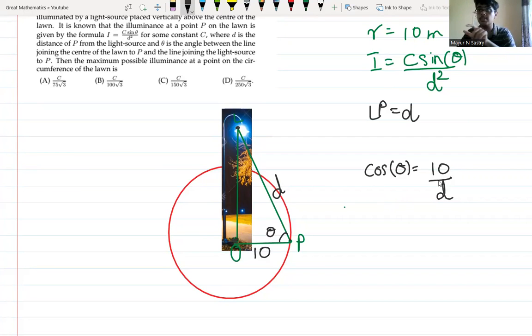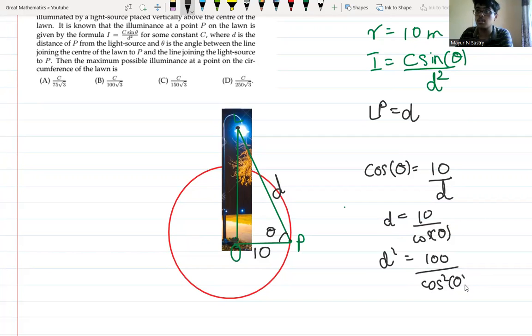Now, from this relation, I want to eliminate d and keep just theta in the expression for illuminance. So what I'll do is, d is 10 by cosine of theta, which is seen over here by rearranging. And so d square is going to be 100 divided by cos square theta. And here is 1 by d square because I is C sine theta times 1 by d square.